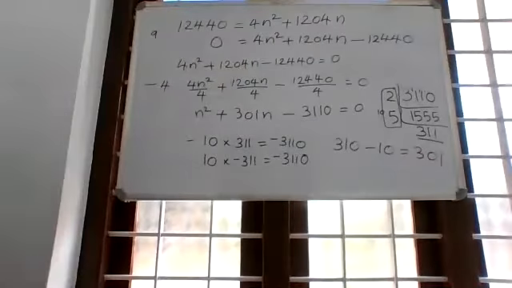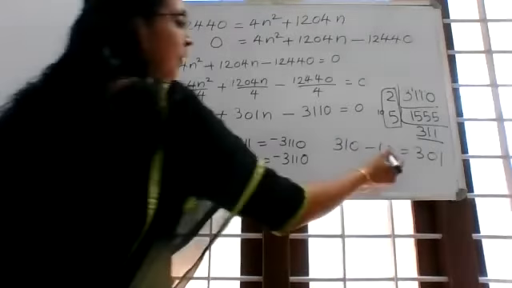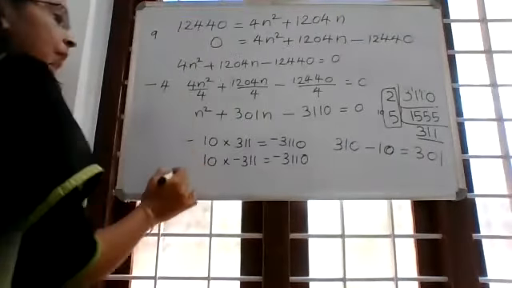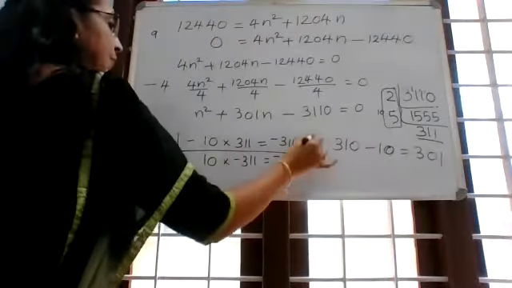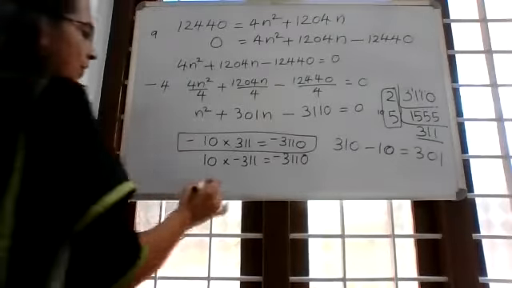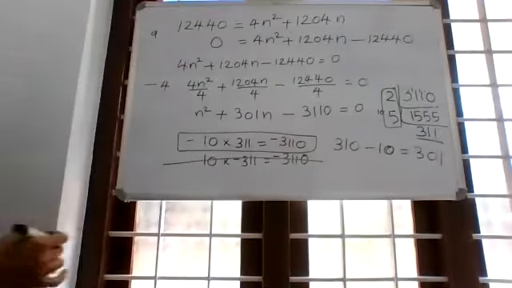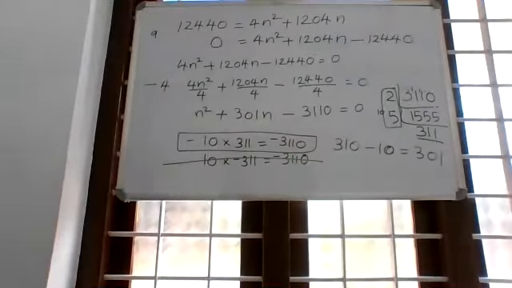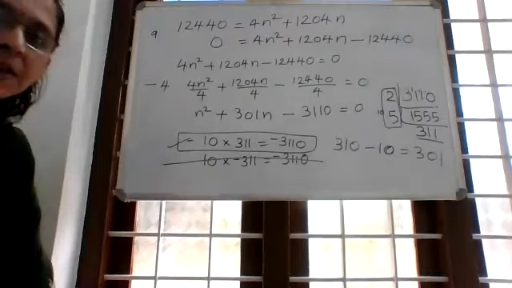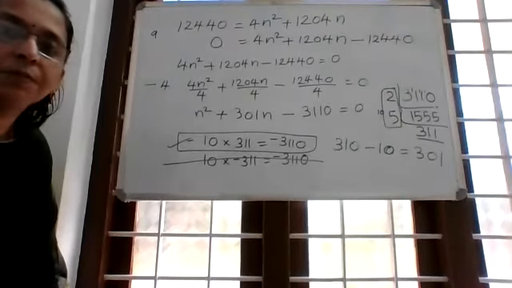So 311's sign will be positive and the sign of 10 will be negative. So negative 10 into 311 is equal to negative 3110, we want to take. No need of taking 10 into negative 311. So this we want to take. Up to this completed. Do all these things in the working order.